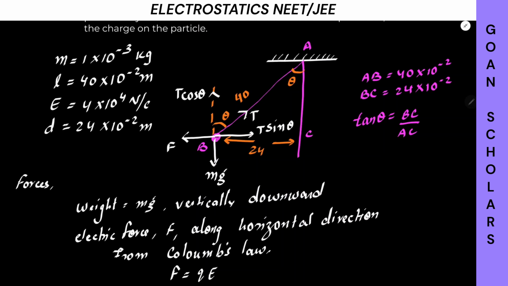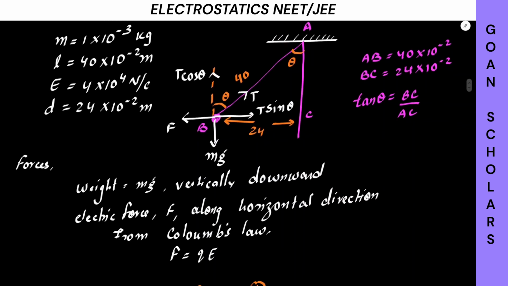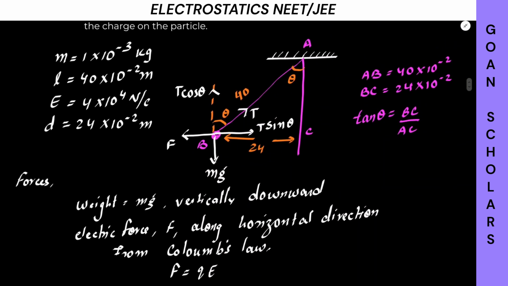So this will be theta here, and we can also take sin theta and cos theta. So BC upon AC. BC is 24, and AC we can find using Pythagoras theorem. So let me write here AC is equal to root under AB square, which is 40 into 40, which is 1600, minus BC square, which is 24 into 24.